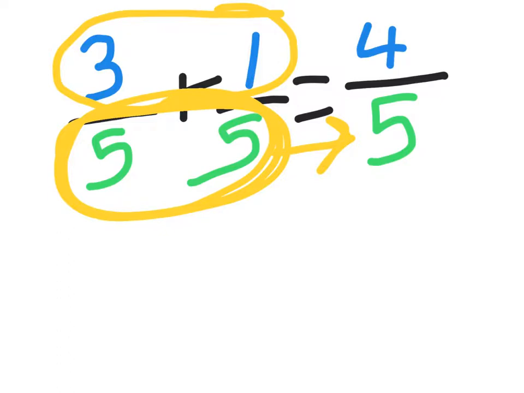Now let me introduce to you guys the concept of subtracting fractions that have like denominators. Let me erase that, perfect. Okay, so let's go ahead, and I'm just going to start out with the same number again.